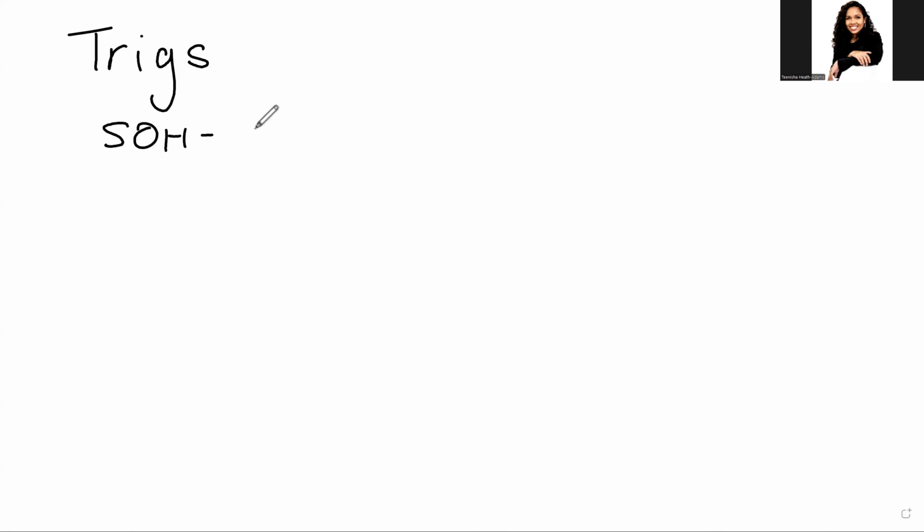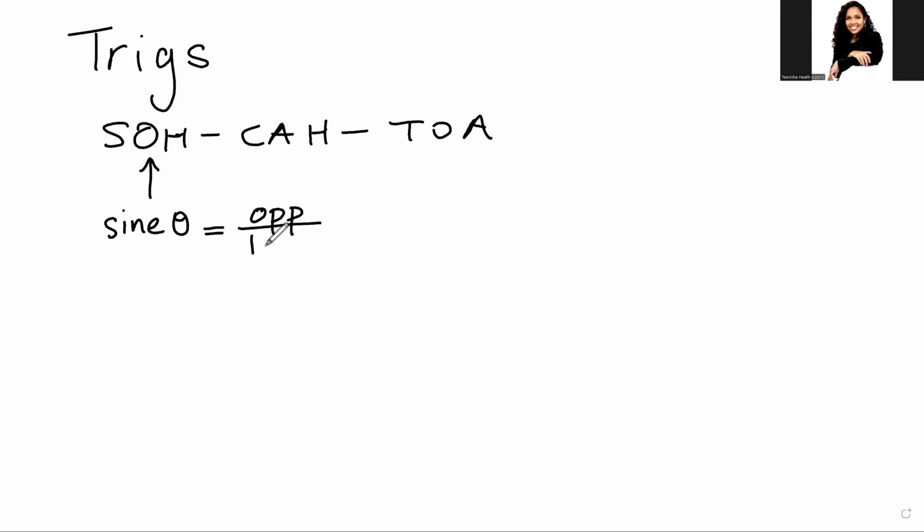Sine over hypotenuse, cosine over adjacent. No, cosine over hypotenuse, and tangent... wait. So your sine ratio, the sine of an angle theta, is the opposite over the hypotenuse.